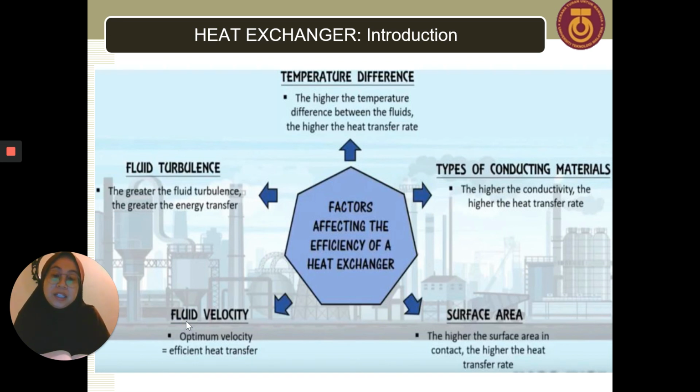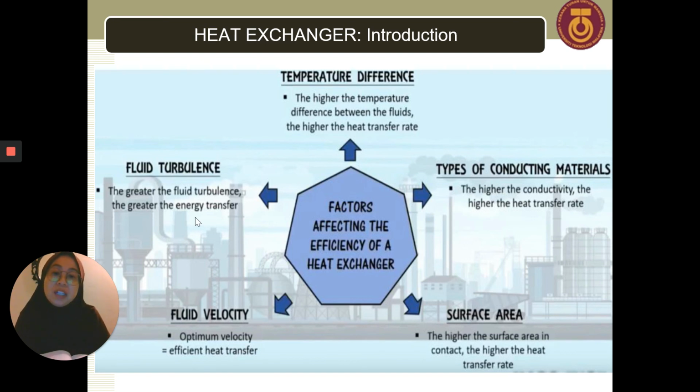Actually, for velocity, you also need to control. You cannot have too slow or too fast. So can you please think one reason why the fluid velocity cannot be too slow? And please also think why the fluid velocity cannot be too fast.